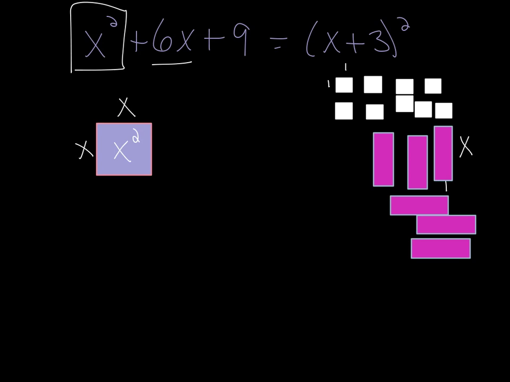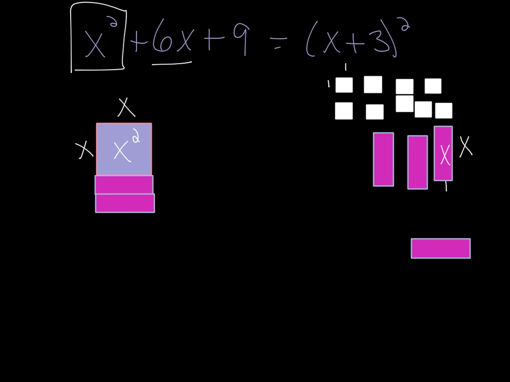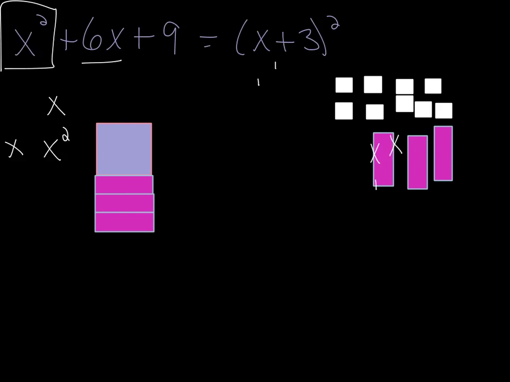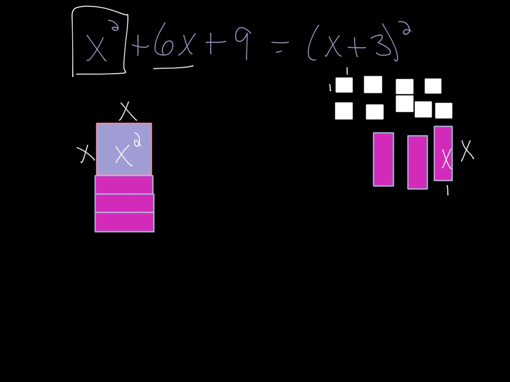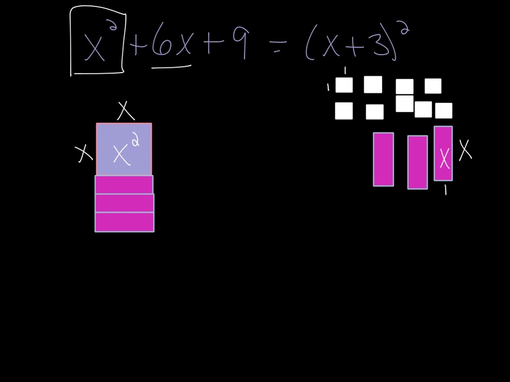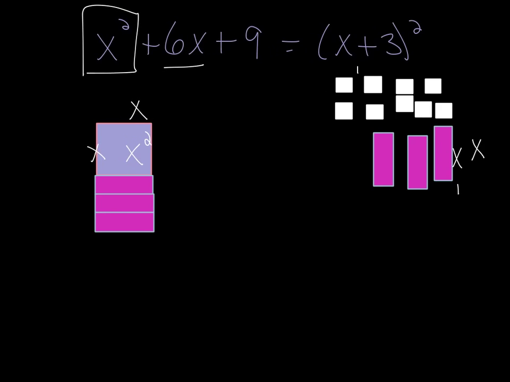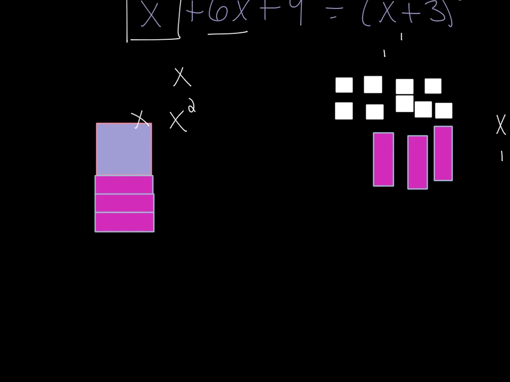And then we have 6 x's. Well, 1 times x is just going to give me x. So I'm going to add on to this square that we've created, the x squared, 6 different pieces whose area is x. So we have 1, 2, 3, oh no, sorry, not sure why I can't click on this.